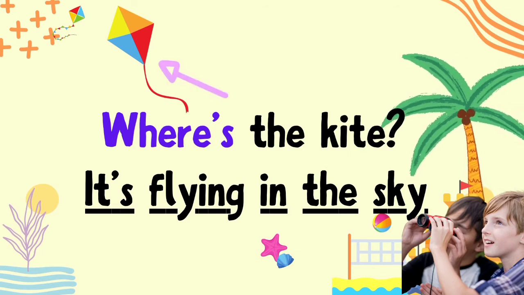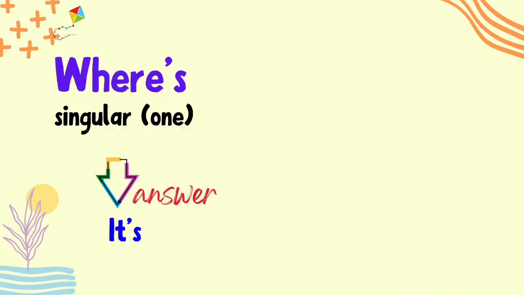Let me explain to you a little bit further. Where's or where is is in singular form, so it's used for one object. So the answer must be in singular form too. When you combine it and is, it becomes it's. It's is also in singular form, meaning one.